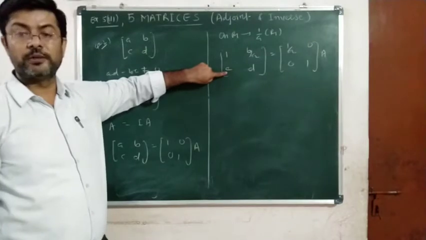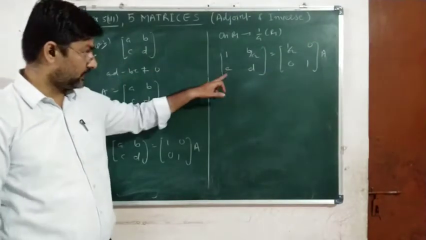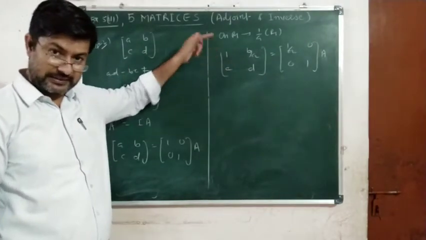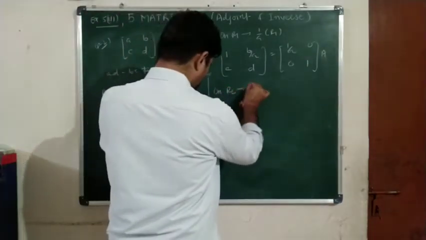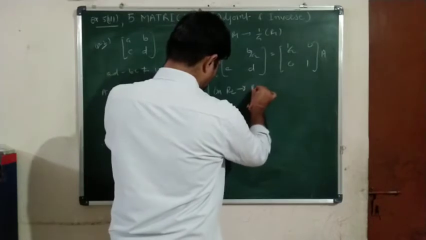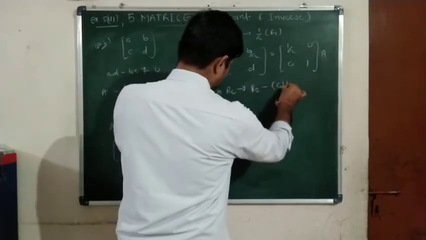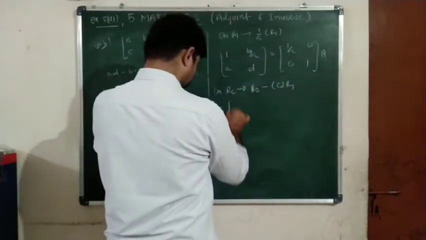Now we want to bring 0 over here. So we have C. So we can multiply the first row by C and then subtract. So on R2 minus C into R1.